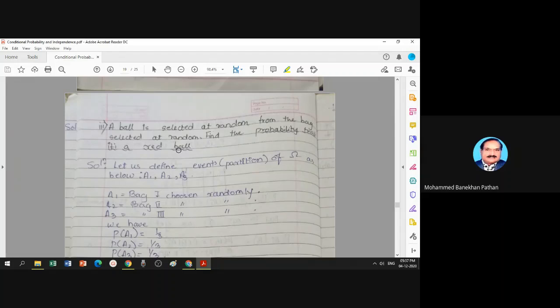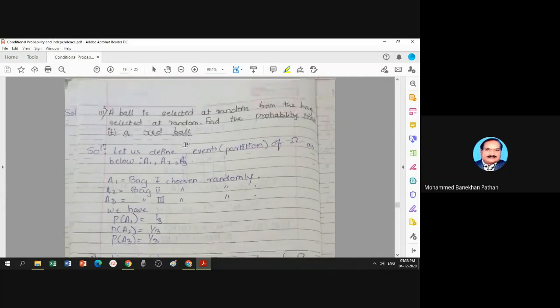Red ball is a knowledge. Bag 1 is a partition, bag 2 is a partition, bag 3 is a partition. Here I don't want the probability of a partition. I want the probability of a particular element. That is the difference between bit 1, bit 2 and bit 3. Let us proceed to solve this bit 3.